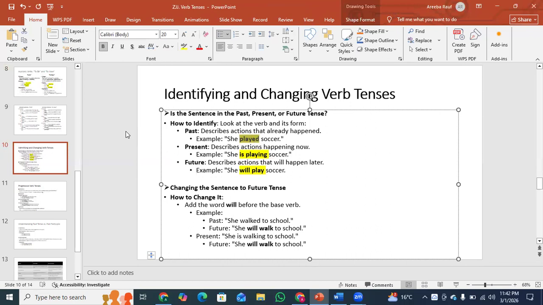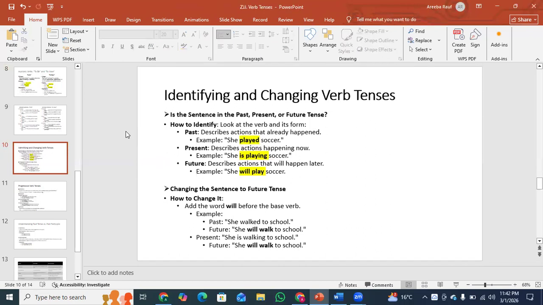But when we talk about something in the past, we simply use the second form of the verb, like "She played soccer." Past describes an action that already happened, whereas present describes actions that are happening now, like "She is playing soccer." And future describes actions that will happen later, like "She will play soccer."